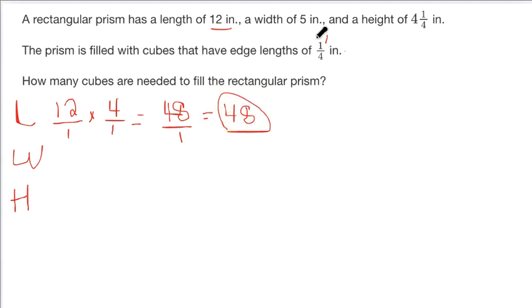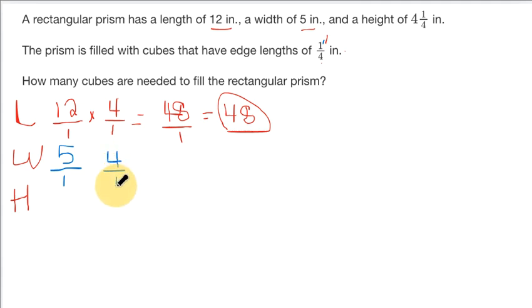The next thing I'm going to do is my width, and so that's 5 inches. It's a whole number, but we are going to divide it again by that 1/4, so I'm going to make it into a fraction. So 5, whole number, I'm going to put it over 1, so it's a fraction. I'm going to flip this 1/4, so it's 4/1.